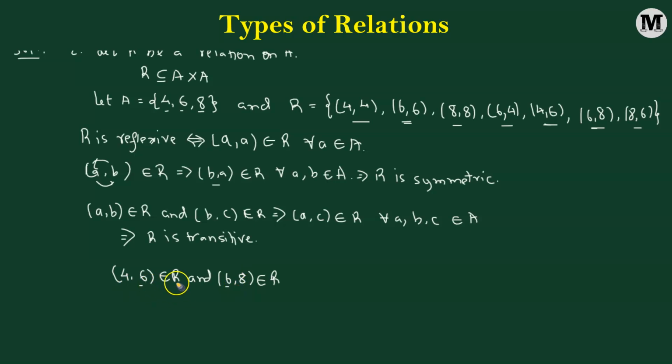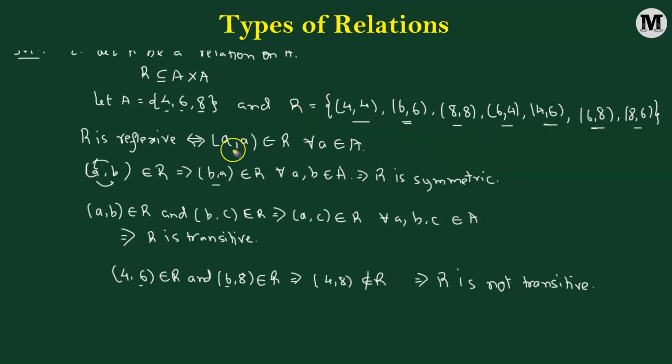So (4, 6) belonging to R and (6, 8) belonging to R must imply that (4, 8) belongs to the relation R. However, there is no such ordered pair belonging to the relation R. So here we will say that the ordered pair (4, 8) does not belong to R, and this is telling us that the relation R cannot be transitive. So R is not a transitive relation. So for this particular example, where the set A is given by the elements 4, 6 and 8, R is the following set of ordered pairs.